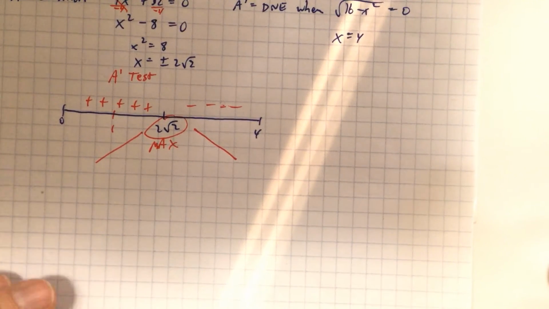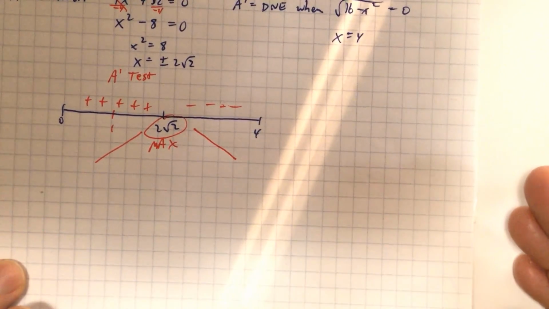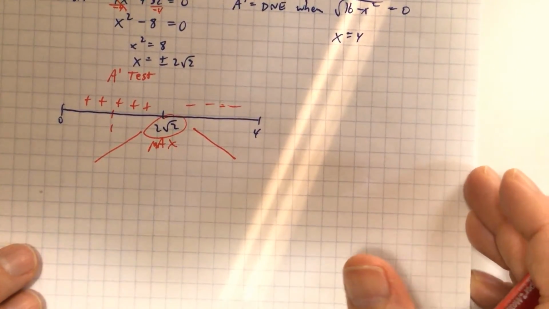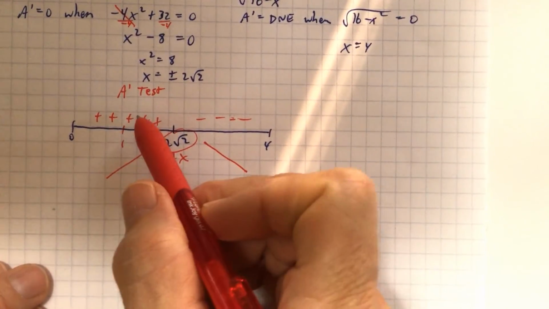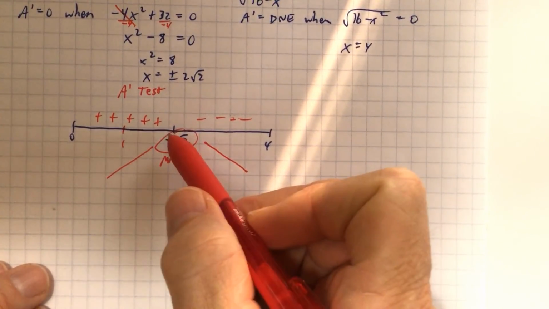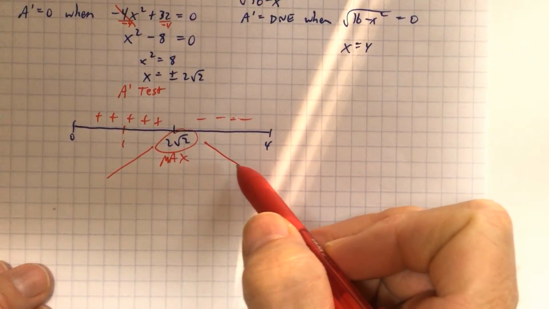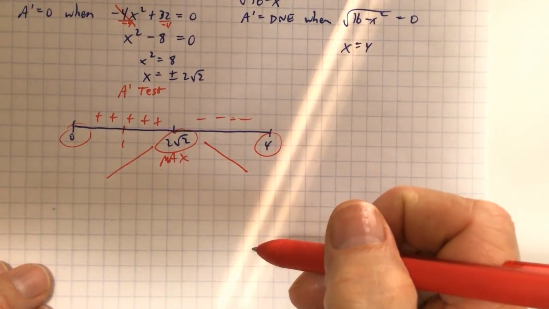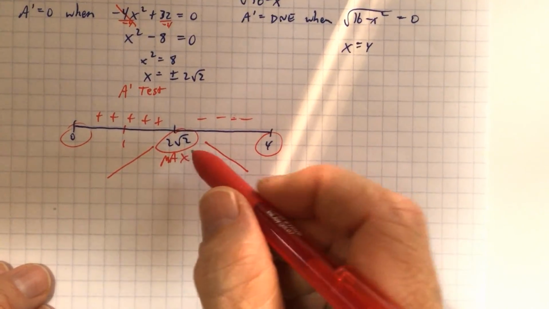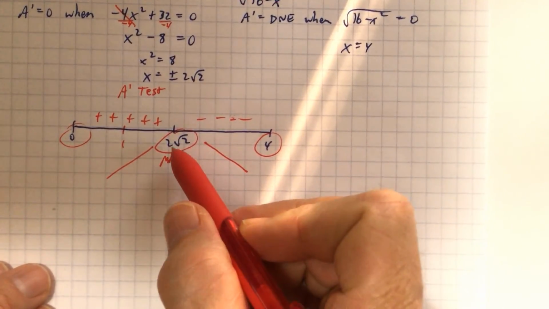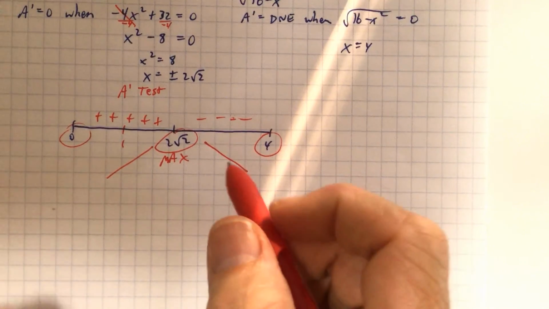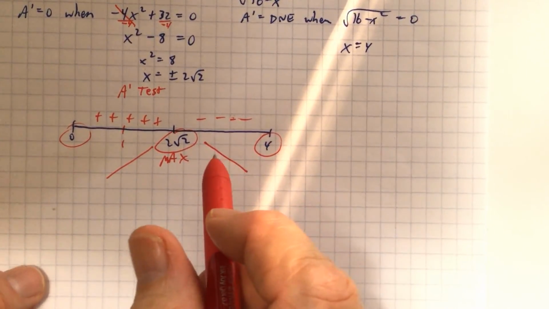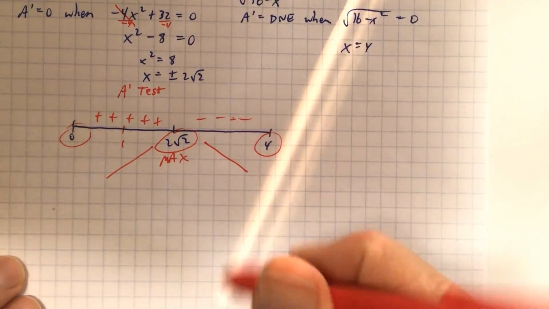So we did the A prime test, and so we found when A is increasing and A is decreasing, and we found minimum values for the area when x is 0 or 4, and we found an absolute maximum value when x is 2 radical 2. But it's not asking for that. It's asking for what is the area of that largest rectangle.